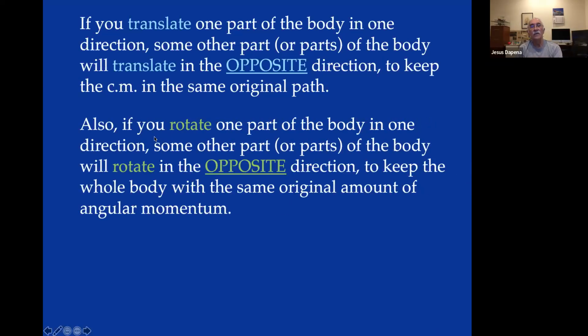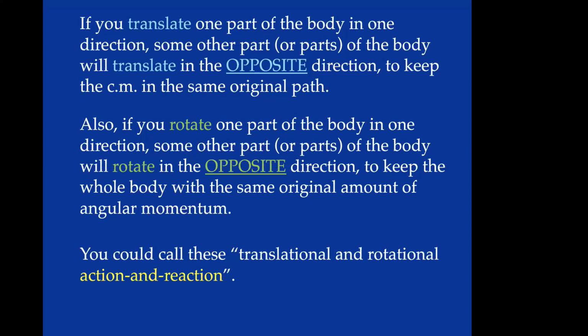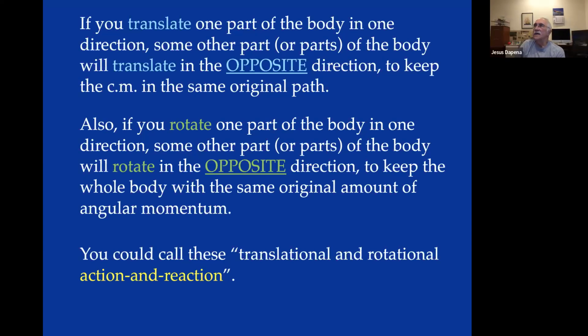But also, if you rotate one part of the body in one direction, some other part or parts will rotate in the opposite direction to keep the whole body with the same original amount of angular momentum. So you could call this translational and rotational action and reaction.